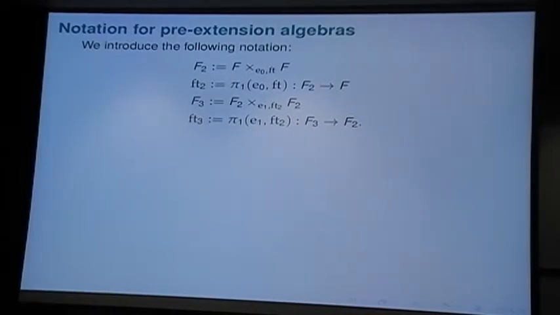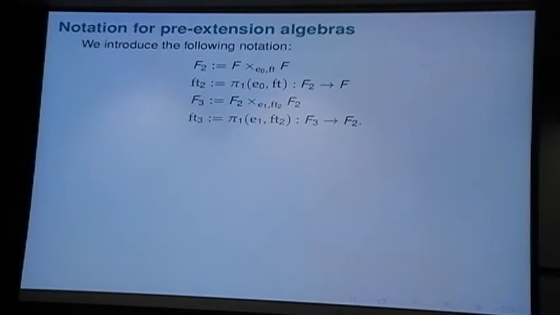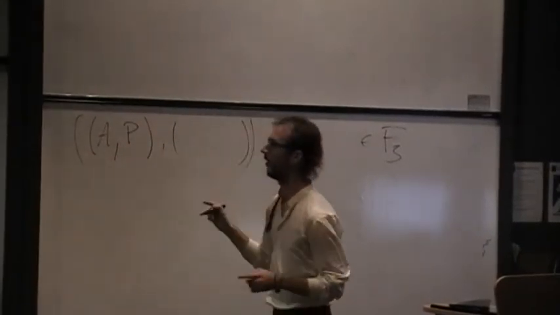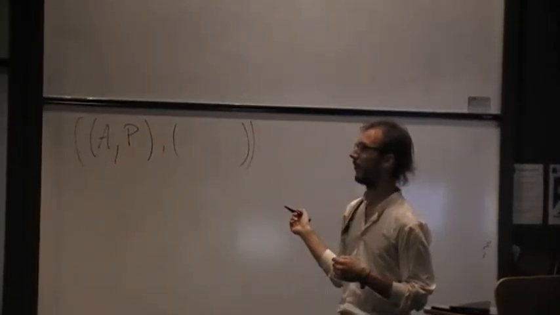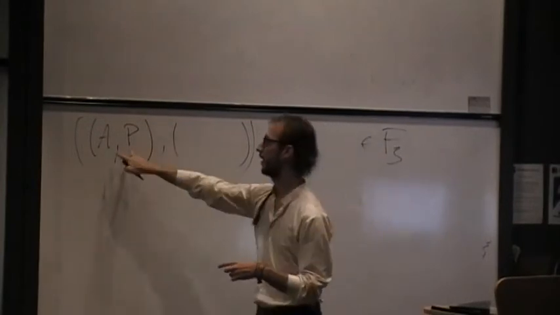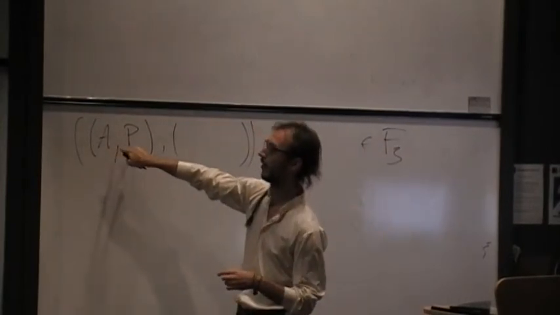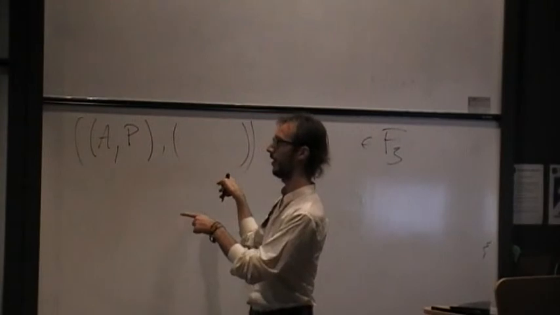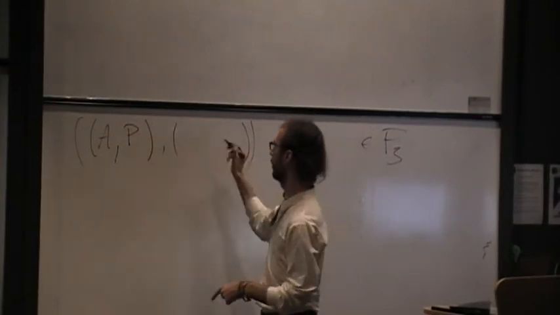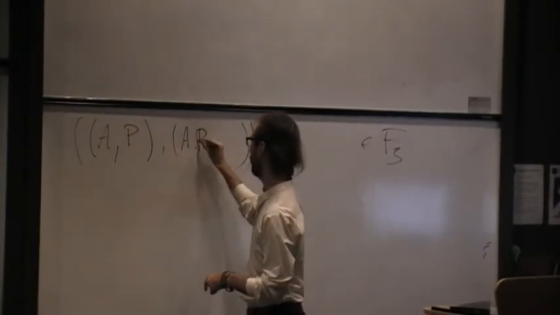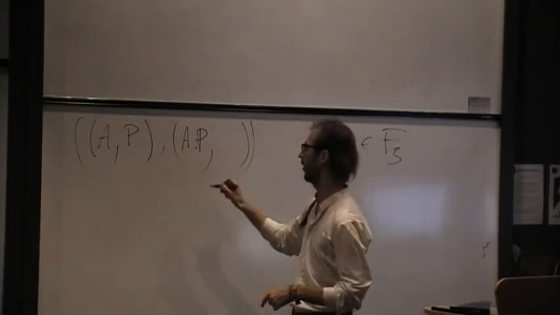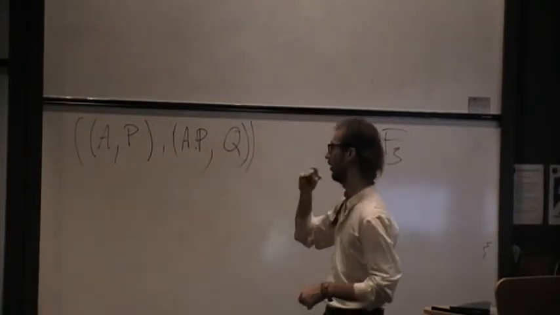So what is a thing in F3? Let's write down a typical element of that to get a sense of what's going on. It is a pair of pairs because it's pullbacks. And then in the F2 you have the AP. But now, here we have a family such that we extend this. It is going to be the ft2, which is the first projection of the second one. So we extend this one, and that's the first component of this, and then we are free to have the other.